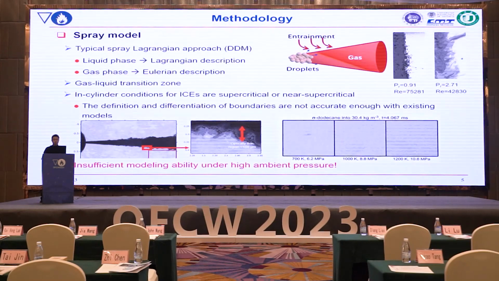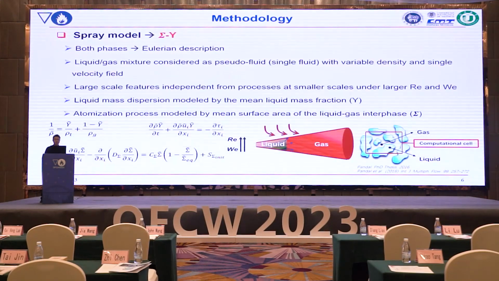So in this research, we used a new spray model, the Sigma-Y model. In the Sigma-Y spray model, we use Eulerian discretization for both phases, and the liquid and gas are considered as a total fluid with variable density and a single velocity field.